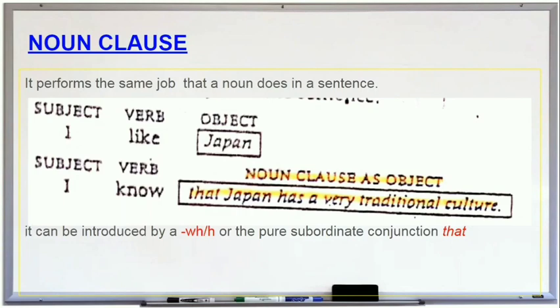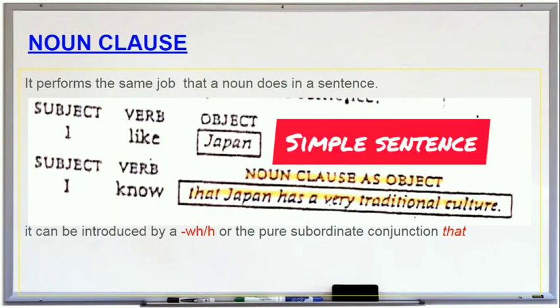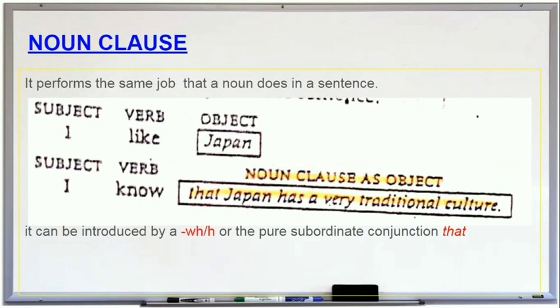But in this case, this is an example of a simple sentence since it only contains one finite verb, which is like. But on the other hand, we have the second example, which reads, I know that Japan has a very traditional culture. In this example, we have two different verbs.